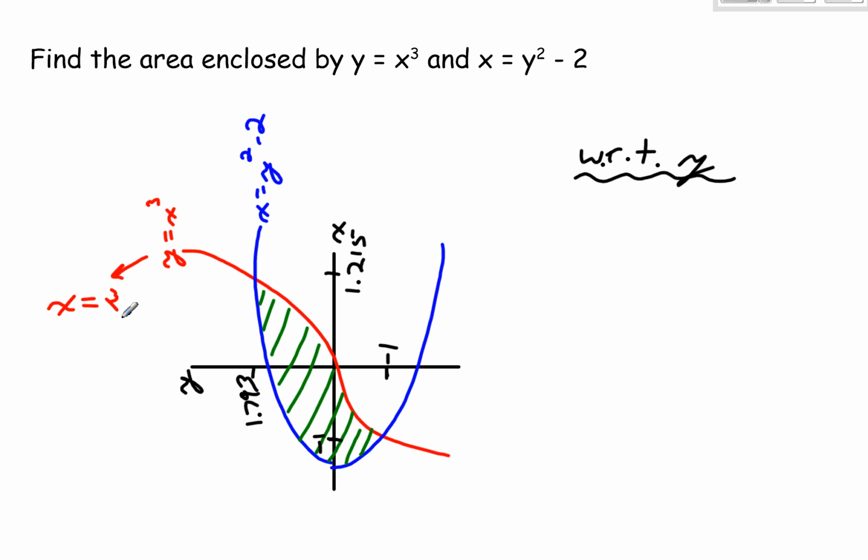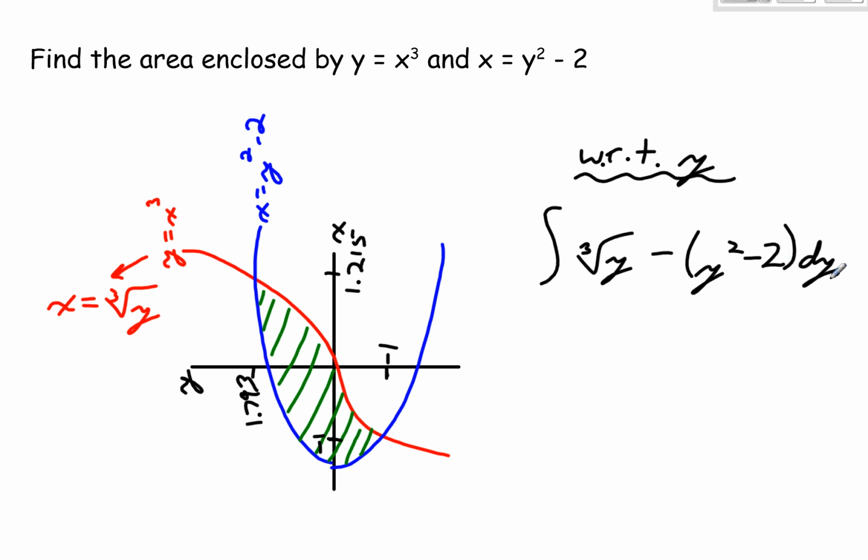So x would be the cube root of y. Now, looking at this, I see that my cube root of y is always on top of the y squared minus 2. So I can now do this area as one integral. The cube root of y is on top, and I'm subtracting all of y squared minus 2, and I'm doing this with respect to y.